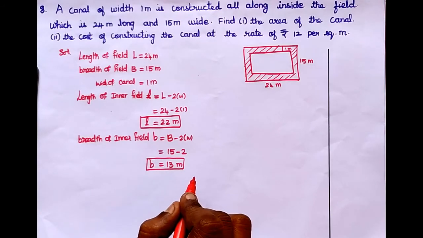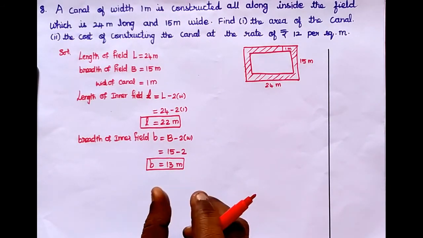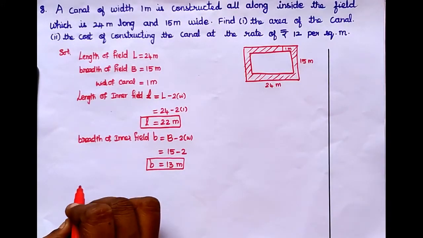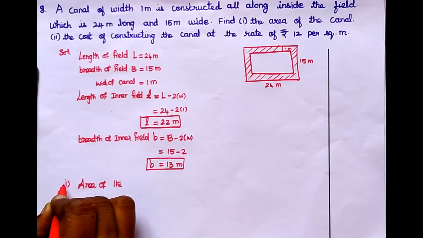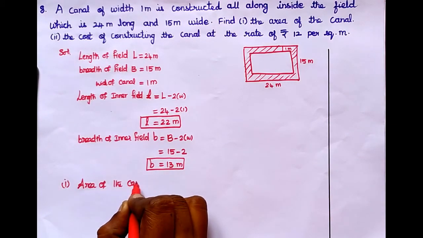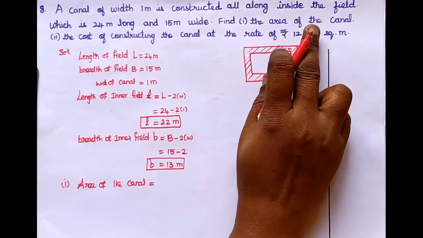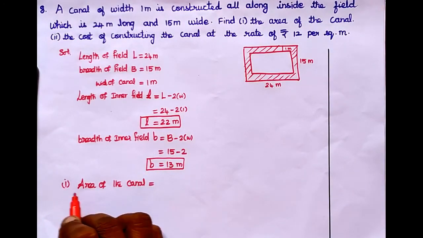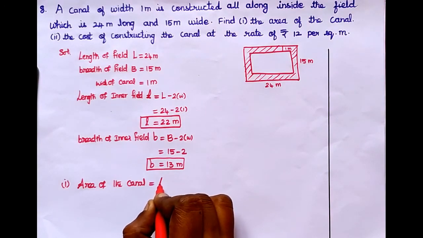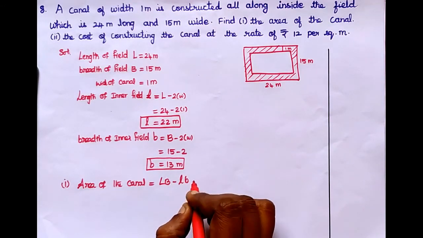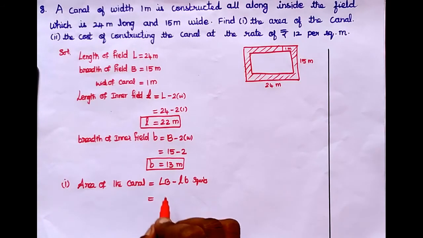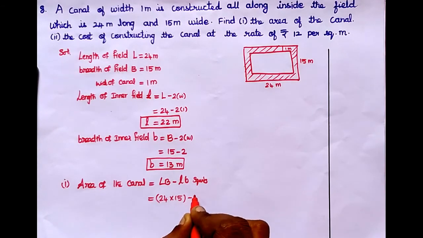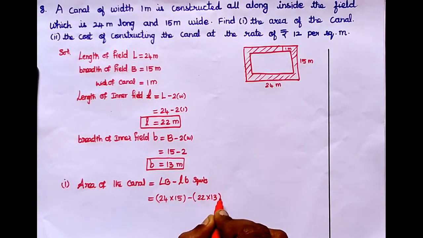Now we want to find the area of the canal, the first answer. Area of the canal equals LB minus lb square units, that is 24 into 15 minus 22 into 13.